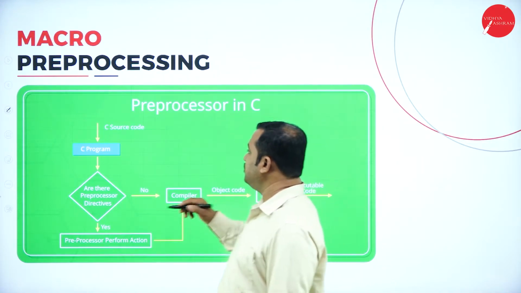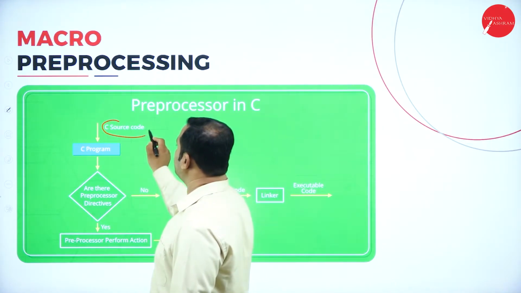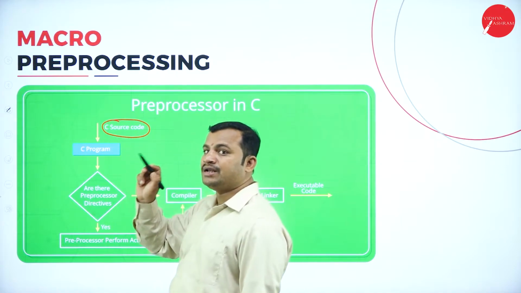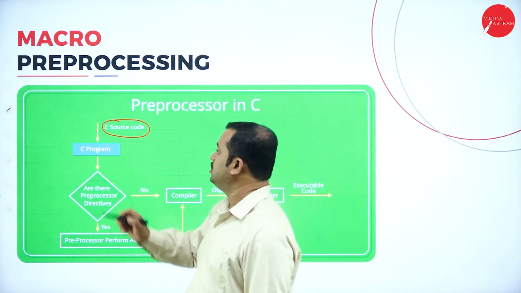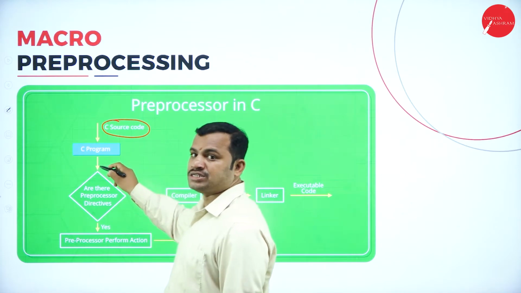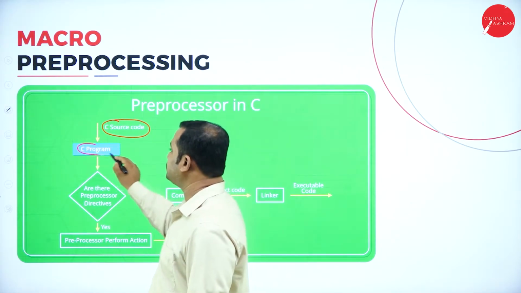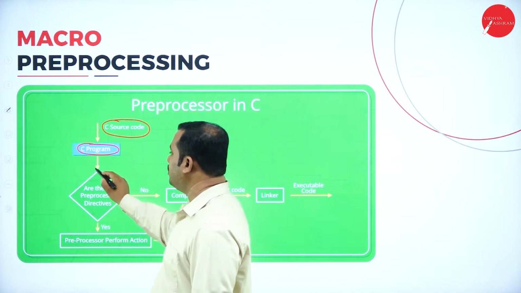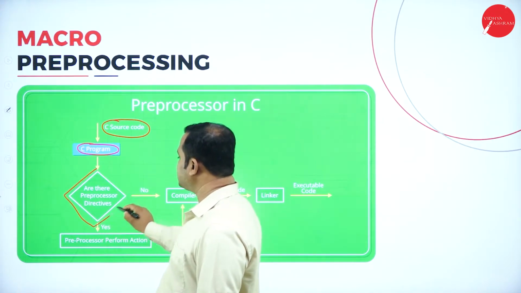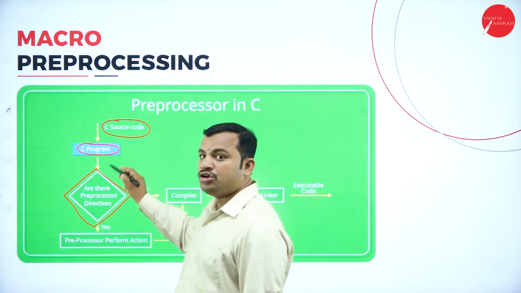In this diagram, you will see that the C source code, that is the program written in the C programming language, is going to be pre-processed. The source program is given as input before it is given to the actual compilation.